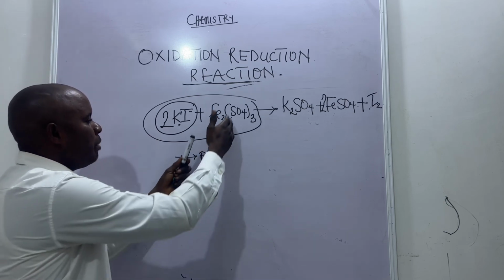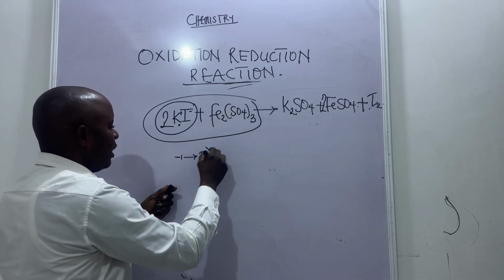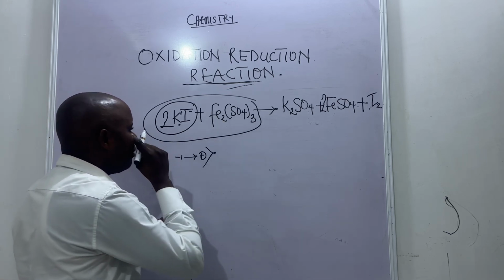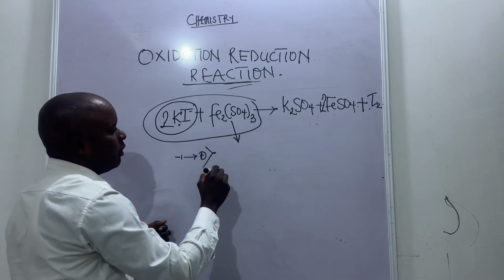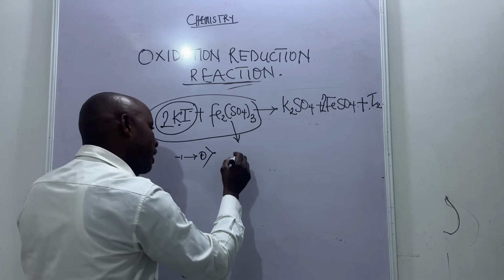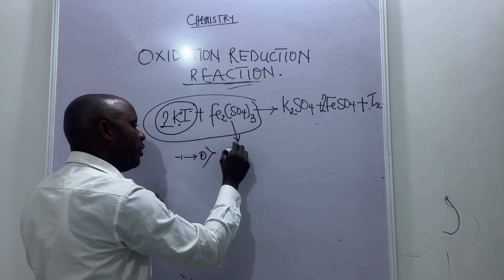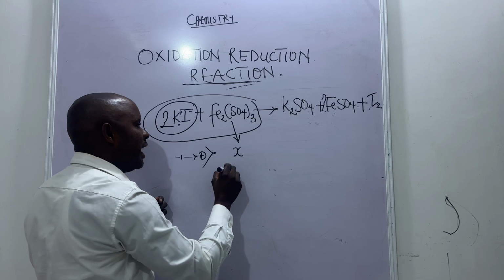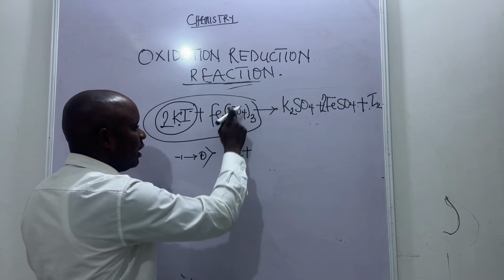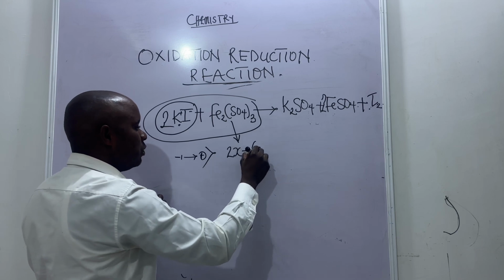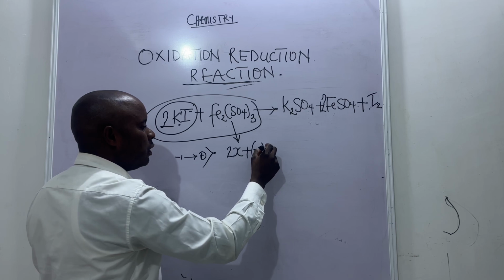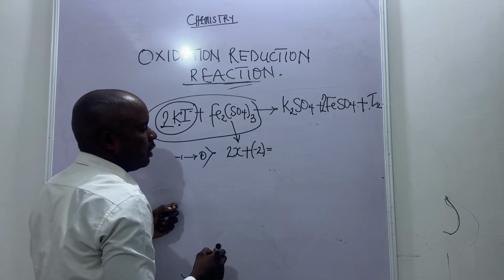So if we compare the iron here, let's have the oxidation state of this compound under exam condition. Under exam condition, I will teach you how to manipulate this, but let's have the oxidation state of this compound. We want to know the oxidation state of iron. Let's make iron to be S. It occurred 2 times here, plus let's use this as a radical, -2.